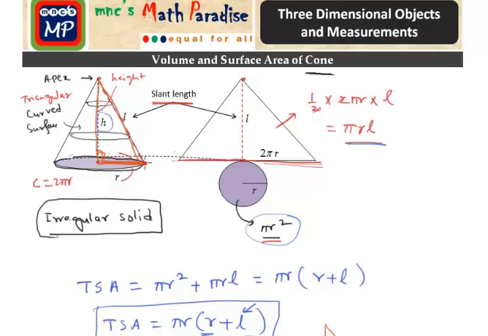Now the volume. Since a cone is an irregular solid, its volume will not be simply base area times height, because its cross sections are reducing gradually.